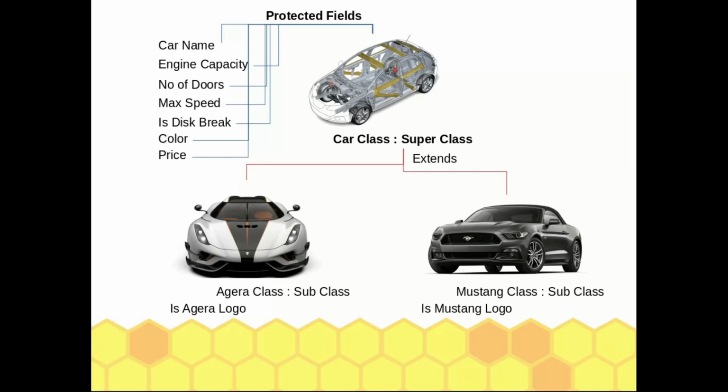As you can see, there is a single variable for the Agera class and the Mustang class: isAgeraLogo, boolean, and isMustangLogo, boolean. But all the protected variables in the Car class are available to the Agera class and the Mustang class because of the inheritance.